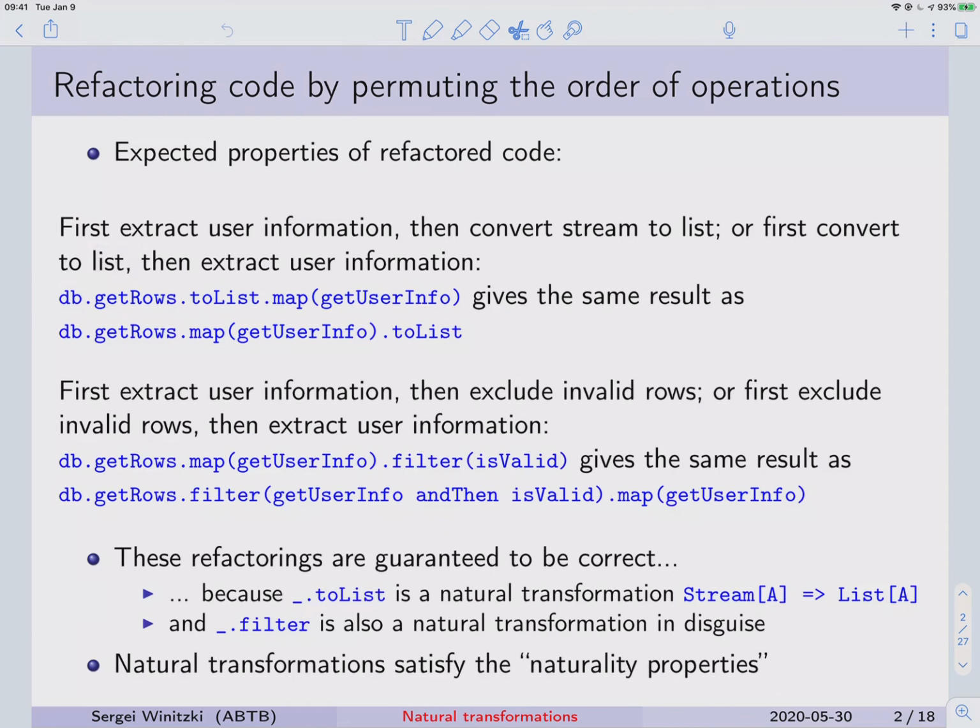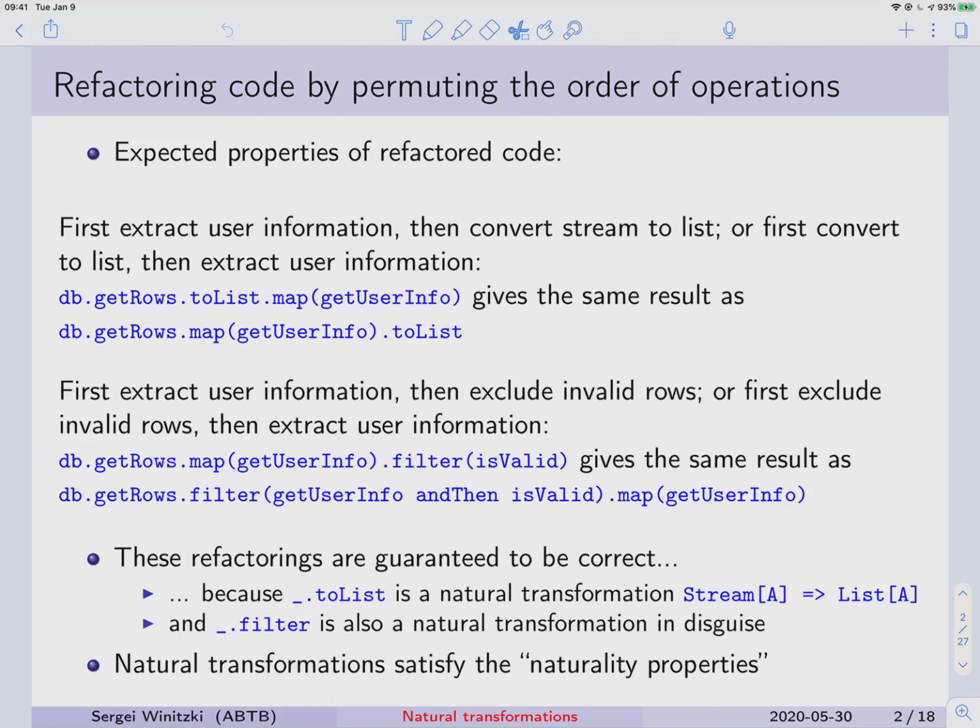And you have two possibilities. You can first convert the iterator to a list and then convert the database rows into the user information values, or you can first convert to user information values and then the resulting stream converted to list.